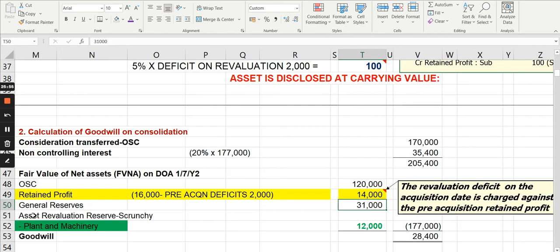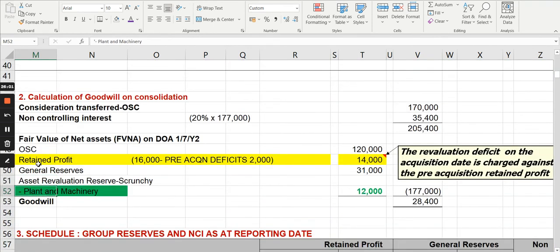And then you have another one, asset revaluation reserve, which relates to the plant that you have had a revaluation surplus. So that also needs to be included here, right? Only that retained profit we make adjustment for deficit. Another way of doing it is that you just leave the retained profit as it is, and you create one more row here and put the deficit after the retained profit, but make sure to deduct them.